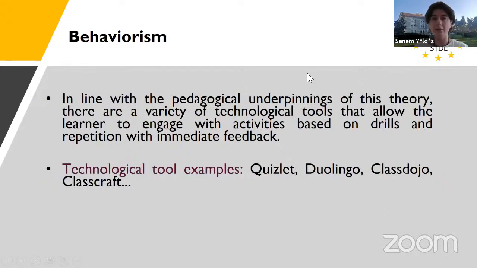We use these a lot in foreign language education at the very beginner level, so that the students don't feel embarrassed when they make mistakes in pronunciation, for example, but obviously it is very limited in scope. Some tool examples for this are Quizlet, Duolingo, ClassDojo, ClassCraft.